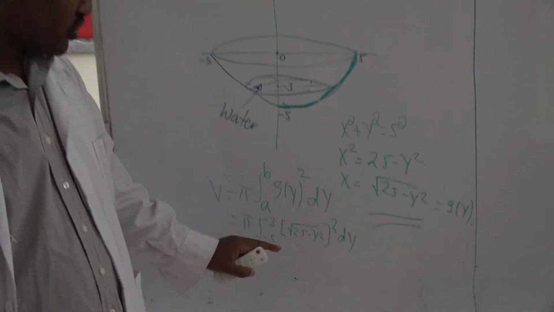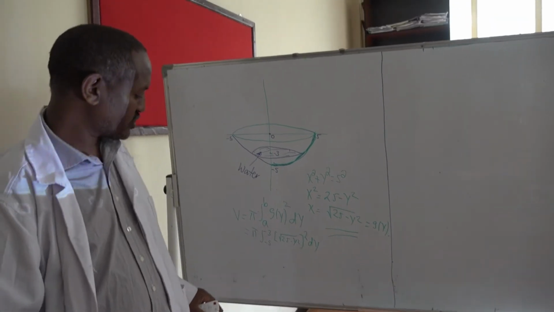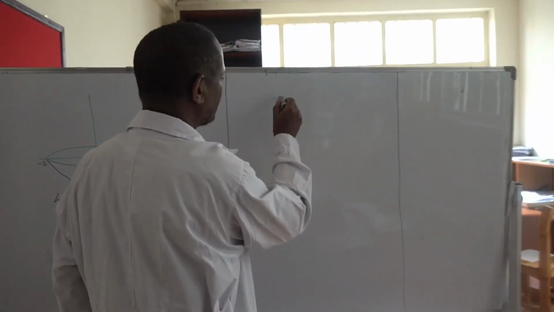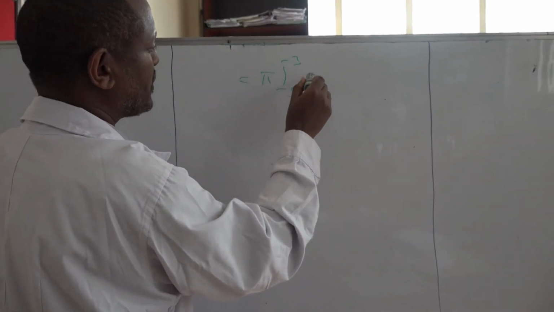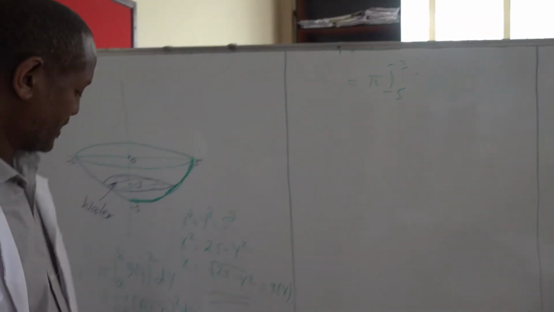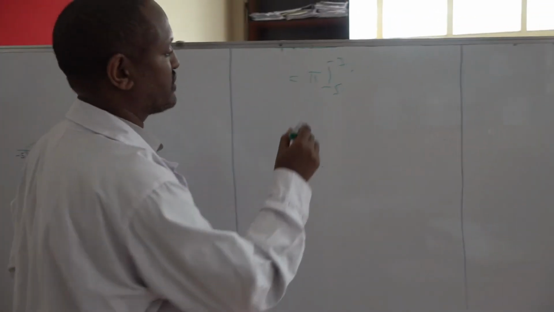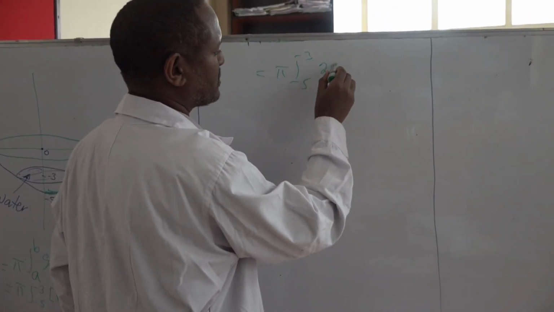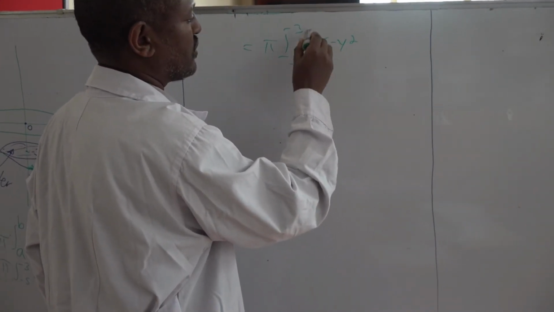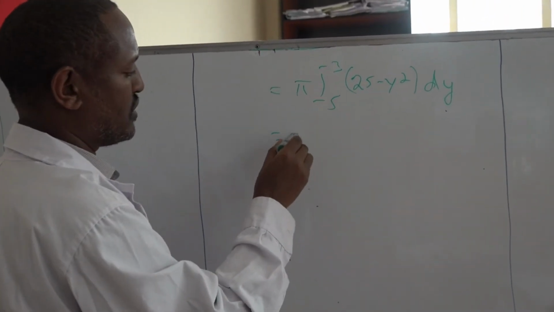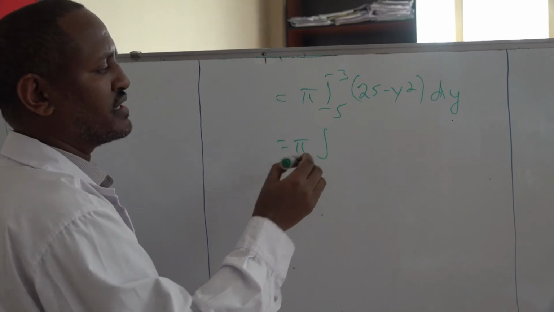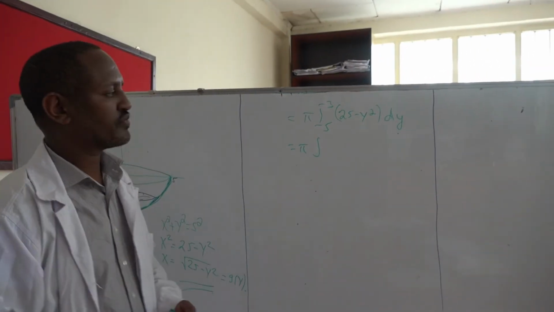Now, what is the square of the square root of 25 minus y squared? Obviously, this is simply 25 minus y squared, times dy. Now, what is the integral of 25 minus y squared?